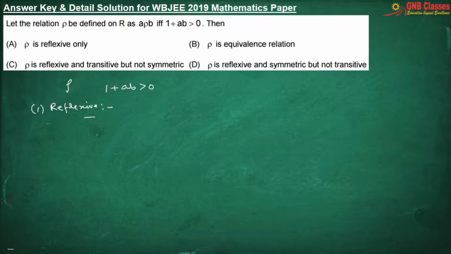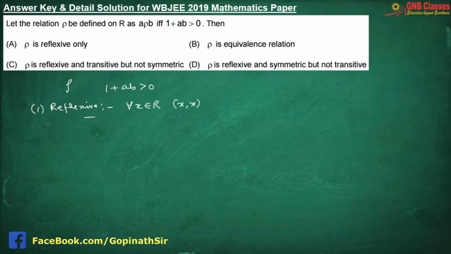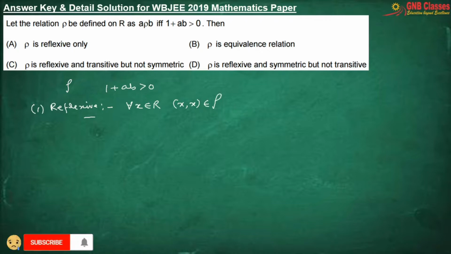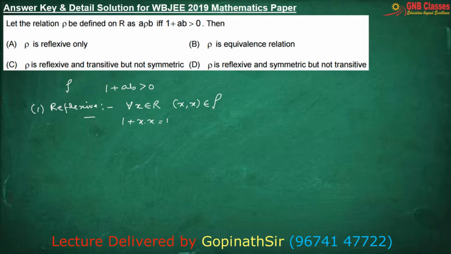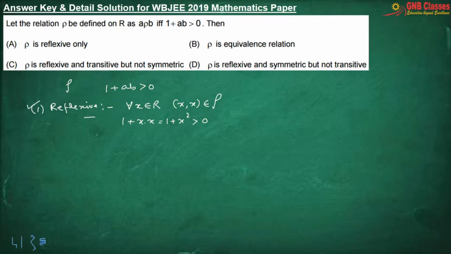What is a reflexive relation? For all x belonging to R, (x, x) must belong to the relation. Now we can see easily that 1 plus x into x, which equals 1 plus x square, is always greater than 0. Therefore, the relation is reflexive.